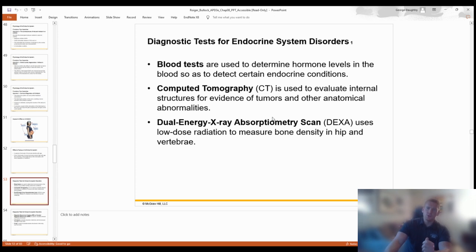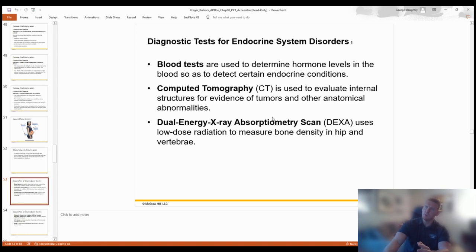How do we diagnose endocrine system dysfunction? Okay, we do so typically through blood tests. We take a blood sample to see how much of the hormone is currently in the blood. If it is a hormone that is not transferred through the bloodstream, then of course a blood test is not going to do us any good.